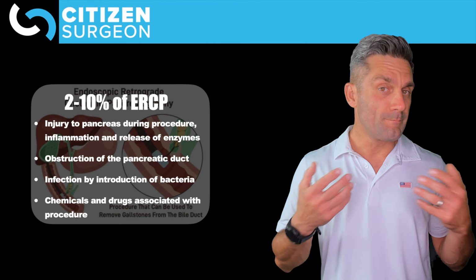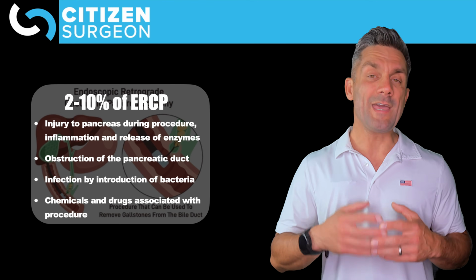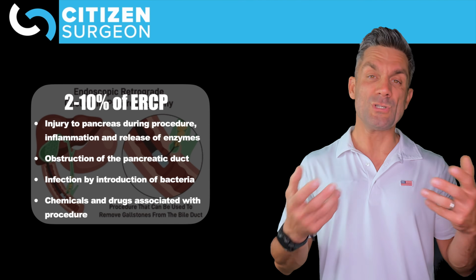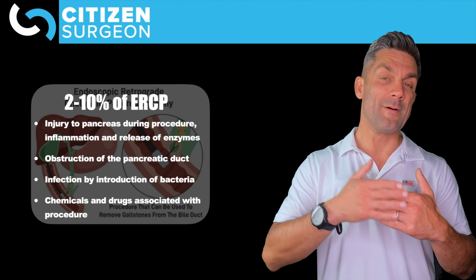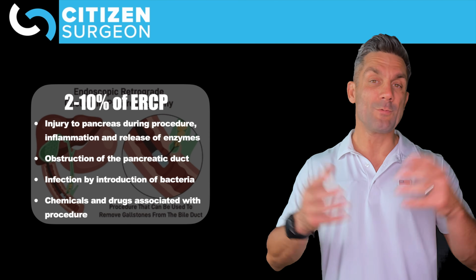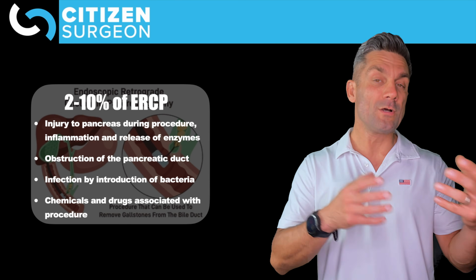All right, well, why does it happen? It happens possibly because the pancreas has been injured. Second, the pancreatic duct may be blocked by sludge or stone, and that causes backup of bile into the pancreas, backup of pancreatic fluid, release of enzymes, and injury to the pancreas. Or there could be bacterial translocation.